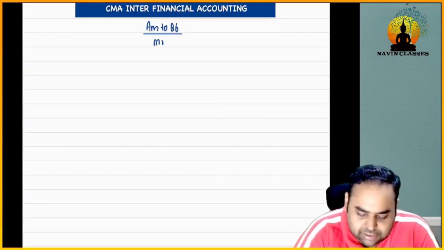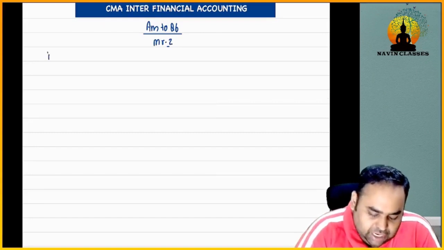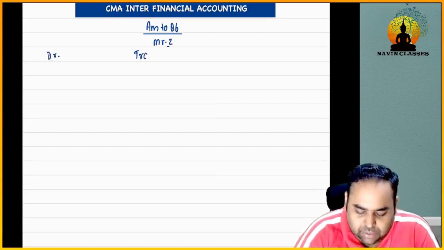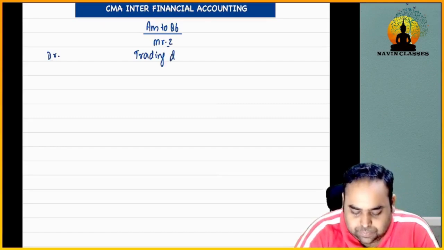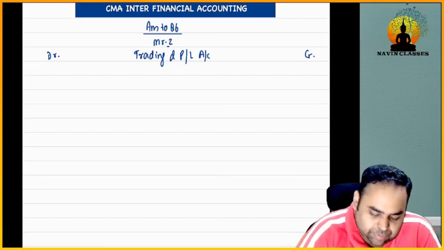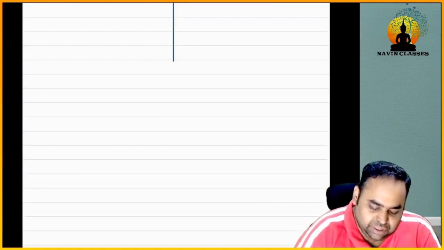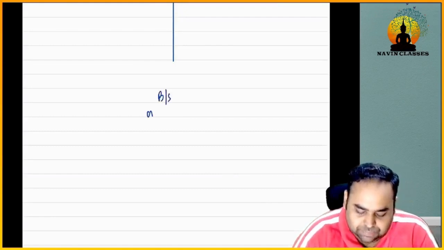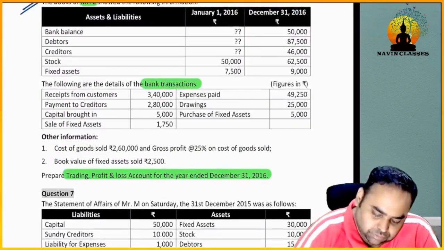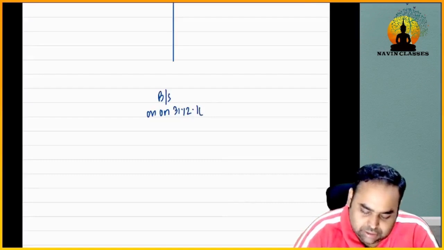Mr. Z. Now I need to create a trading and P&L account. Then next I need to create the closing balance sheet, which is given as on December 31st, 2016.